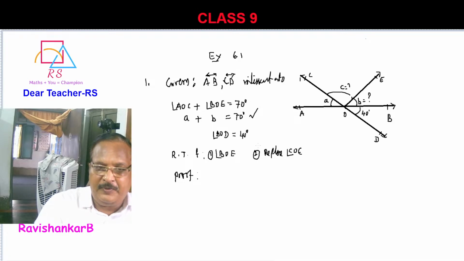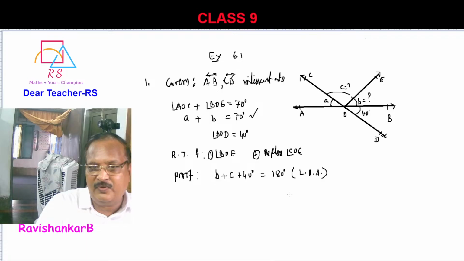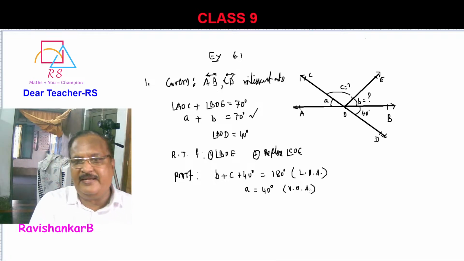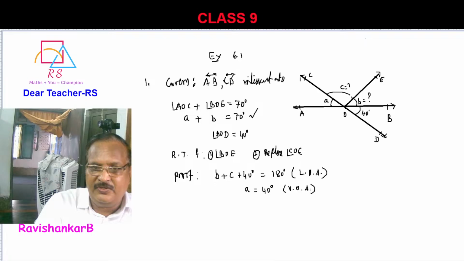Now a plus b, we have only two things given. b plus c plus 40 degrees is equal to 180 degrees, because they fall on one line, linear pair. Okay. And a is equal to 40 degrees, because of vertically opposite angles. Whatever is available, you can write it out.